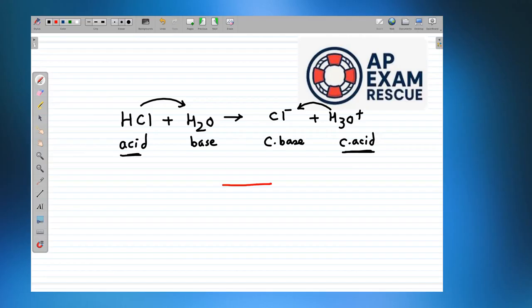This one wins, and here it wins completely. The H3O plus fails completely in going backward because it's a very weak acid compared to this acid. And also, this base is a stronger base than this base, because if this was a strong conjugate base, it would have taken the proton, but it fails in doing that.